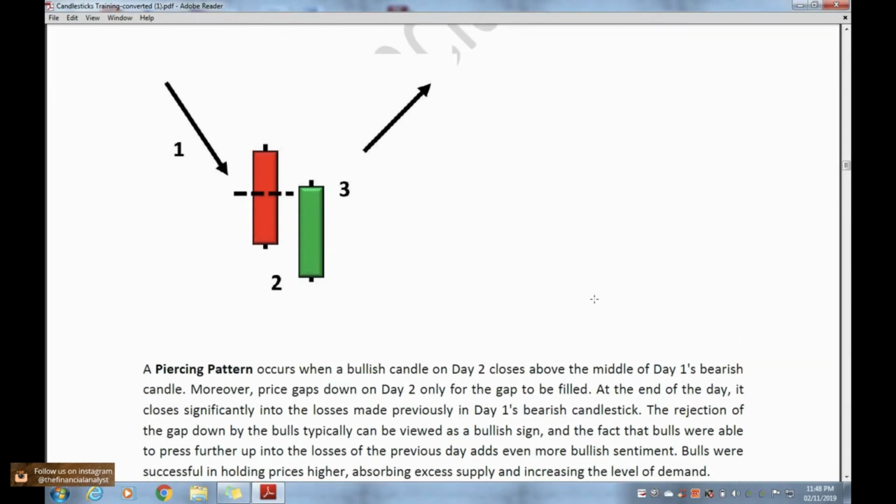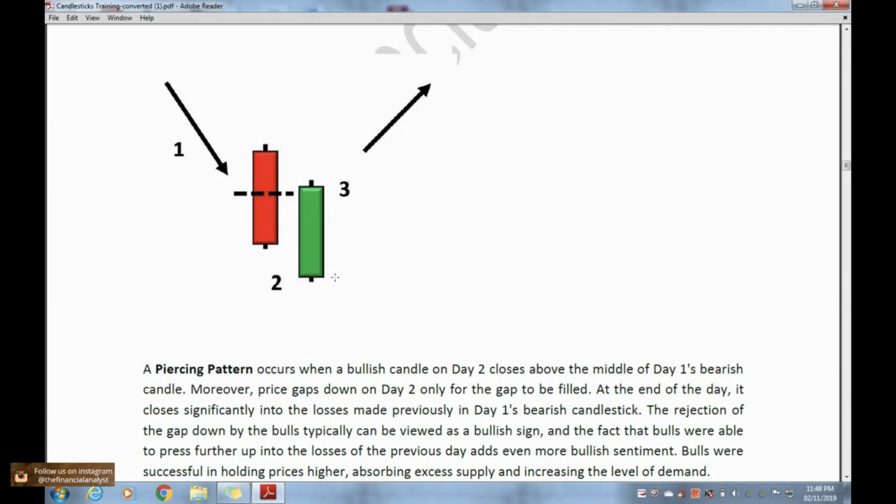See, in the piercing pattern, due to the extended fall in the prices, sellers are in control, and near about the support level that has been formed, there will be a big red candle showing that the sellers are still in control. But on the following day, we are going to see prices on the opening session gap down to show that the sellers are still making the prices fall.